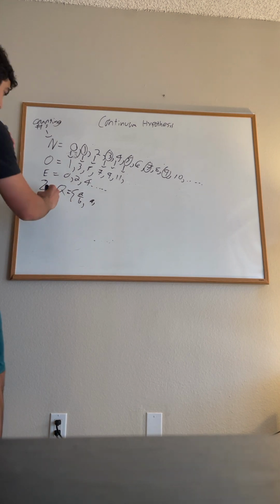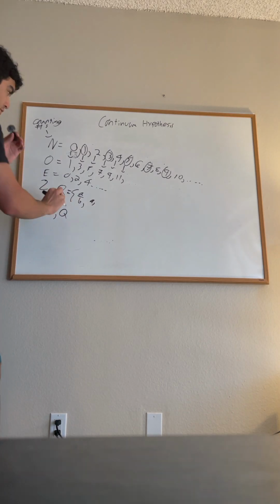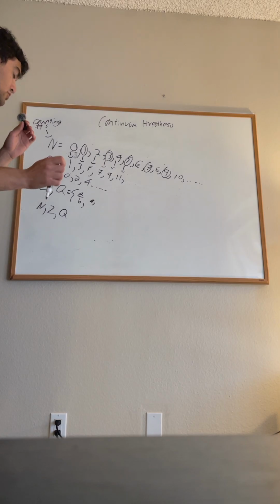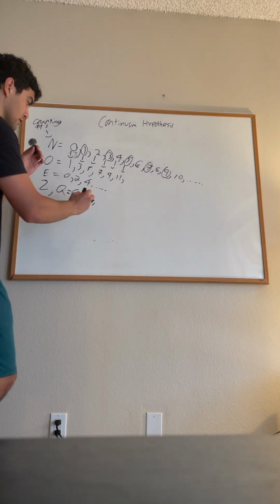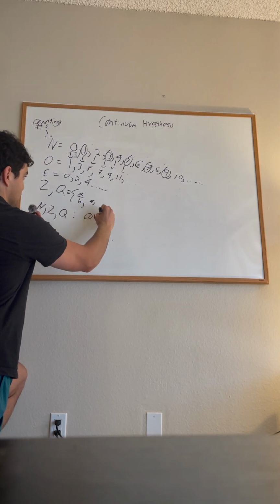So we see that the natural numbers, the integers, and our rational numbers all have the same cardinality. And we say that these are countably infinite.